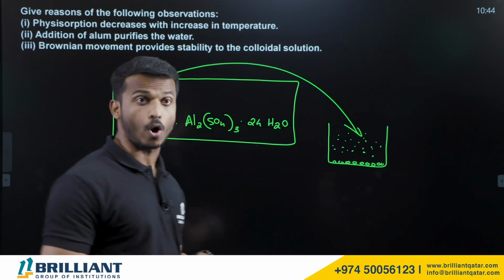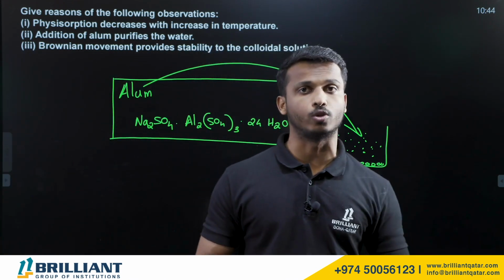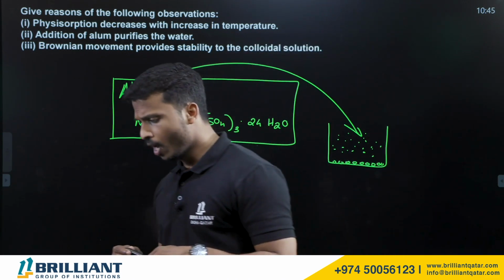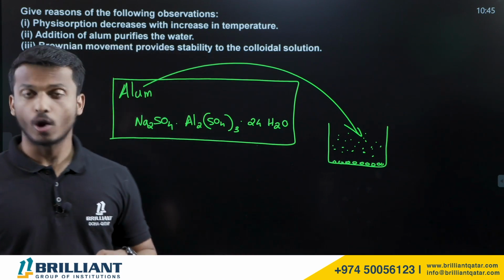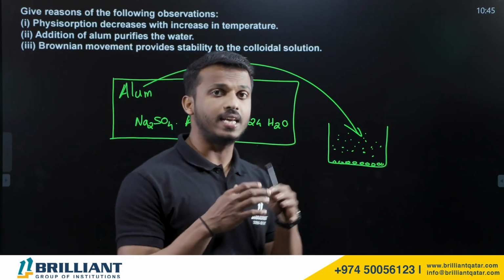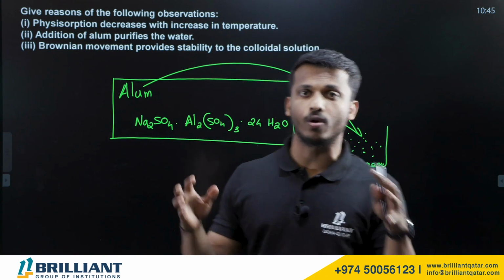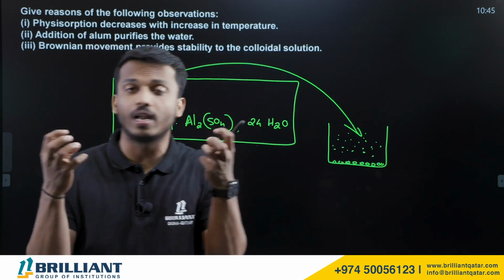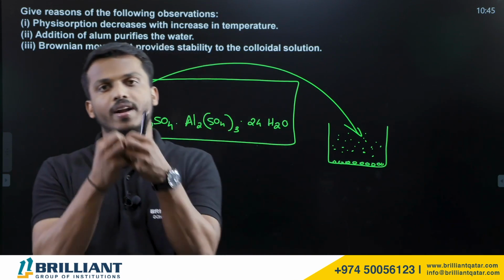Brownian movement provides stability to the colloidal solution. You have studied what Brownian movement is. It is a property of a colloidal solution. Brownian movement is the zigzag movement of colloidal particles. Why is it happening? Because the colloidal particles keep on bombarding each other.